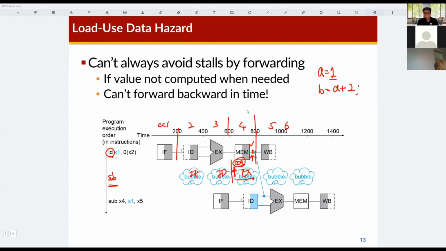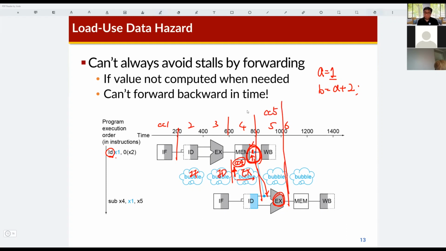In this case, we need to delay the execution of the sub instruction by 1 cycle. So the EX stage of the sub instruction should be here, because the data will be ready at this timing, and then this data will be forwarded to the input of the ALU at CC5.